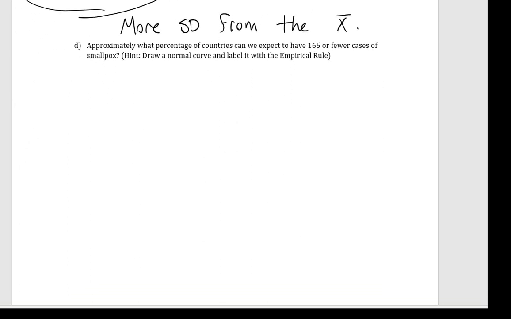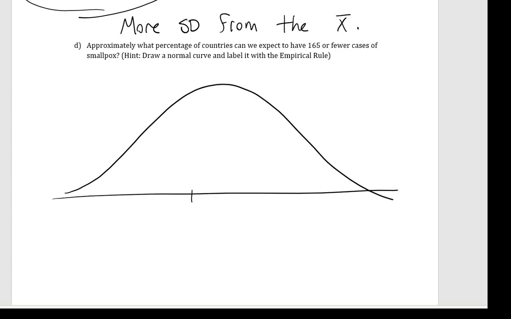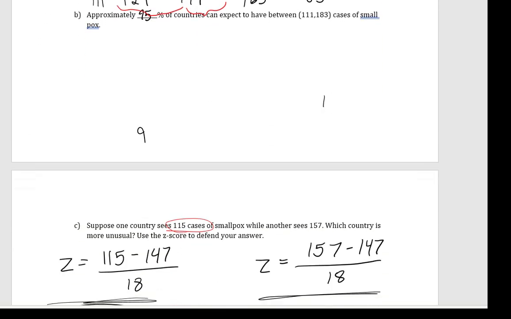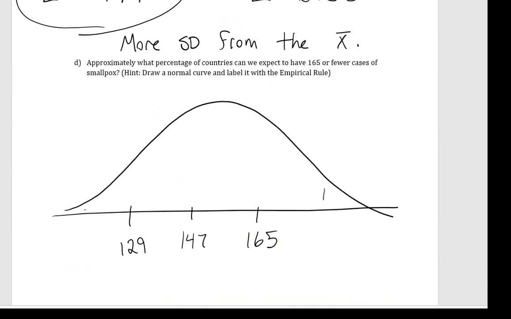Okay, now we want to know what percentage of countries can we expect to have 165 cases or fewer. So we're going to draw the normal curve and label it with the empirical rule to help us out. Again, we're going to have 147 kind of in the middle. I don't know why I keep drawing that off center. We're going to go 1 standard deviation out in either direction. And just for fun, let's go 2 standard deviations out as well.